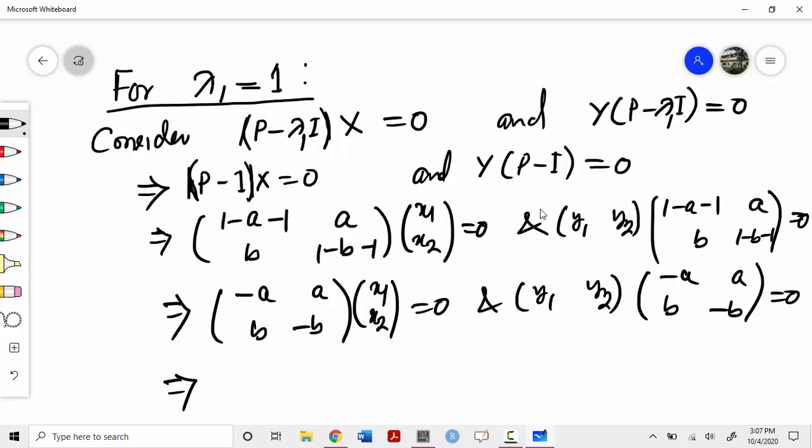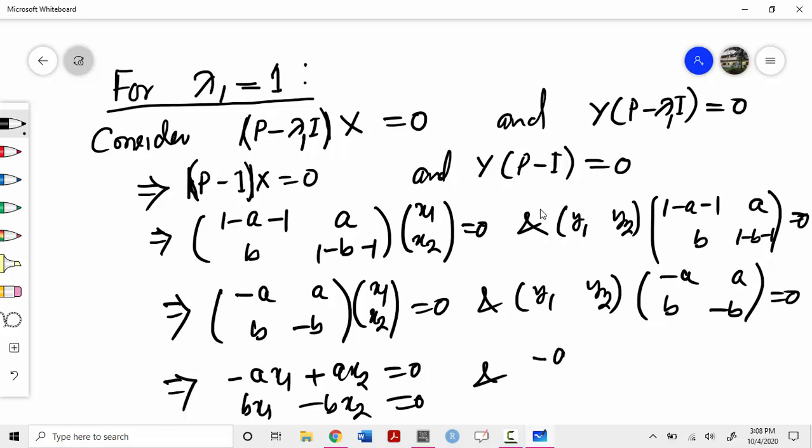That implies minus a x1 plus a x2 equal to 0, b x1 minus b x2 equal to 0, and minus a y1 plus b y2 equal to 0 and a y1 minus b y2 equal to 0.